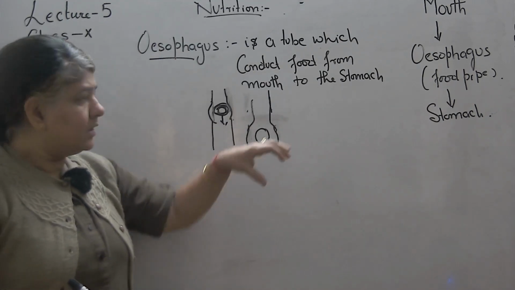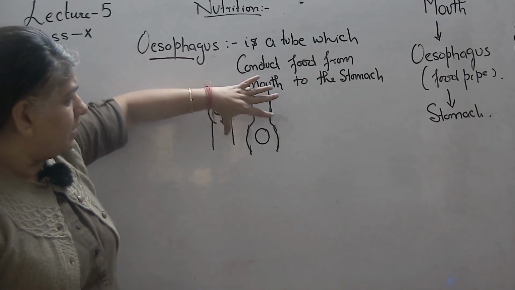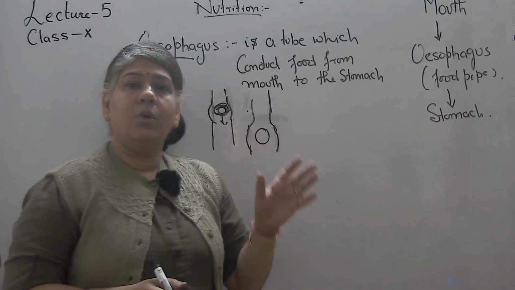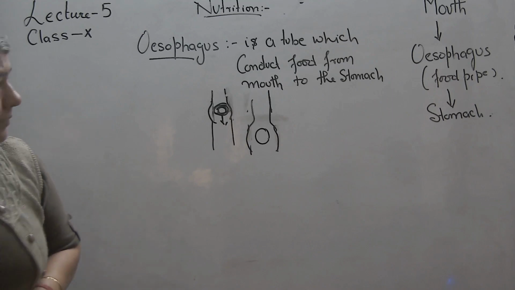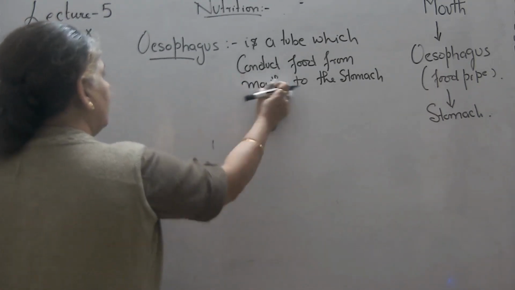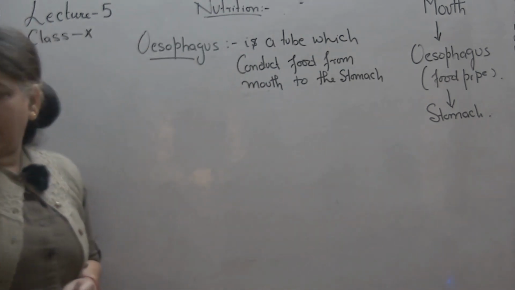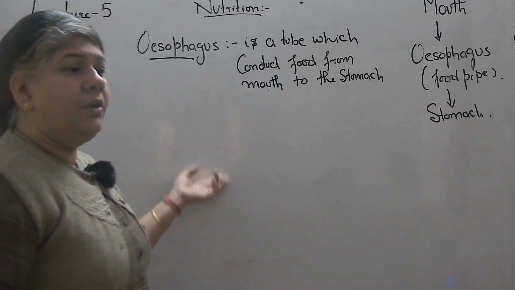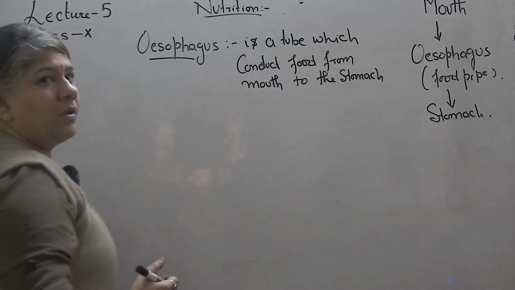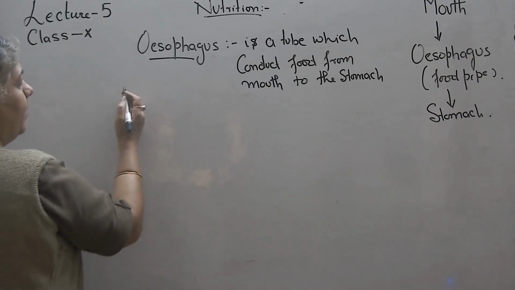So muscles keep pushing by contraction, relaxation, then contraction, relaxation. This rhythmic movement takes place throughout the alimentary canal. So you can write down: swallowing of the food took place with the help of the tongue, and further movement of the food takes place through this rhythmic contraction and relaxation of muscles present in the alimentary canal.